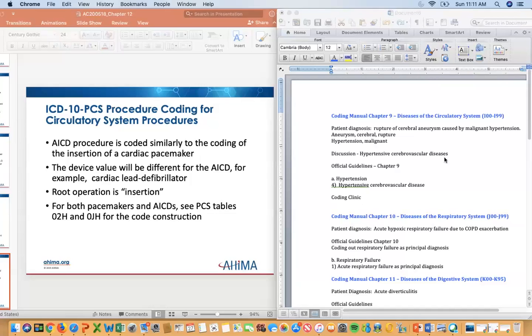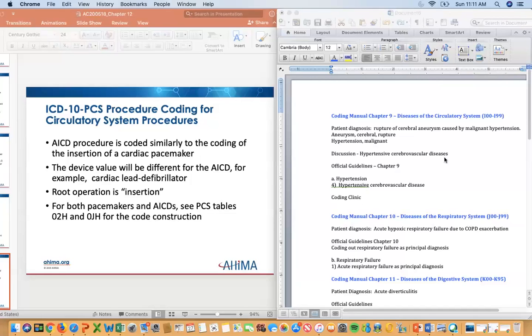Now we want to go back into the chapter official guidelines. So you just flip back one page, and we're looking at chapter 9, diseases of the circulatory system. So what we are seeing is that we need to code out hypertensive cerebrovascular disease. Are there any guidelines that pertain to that?